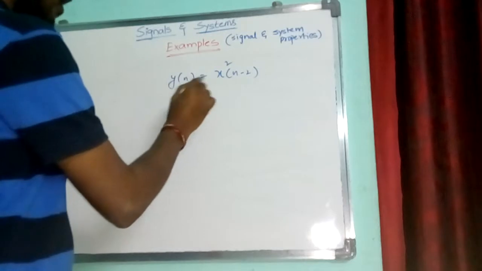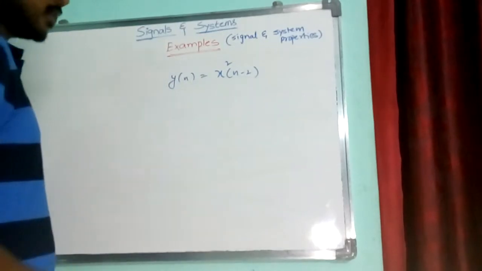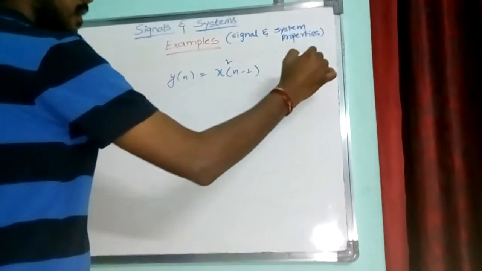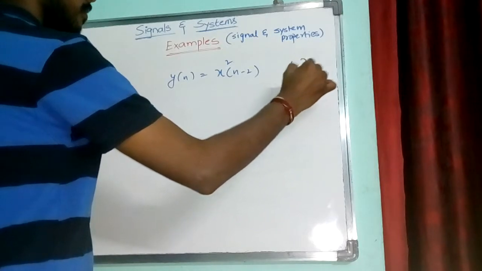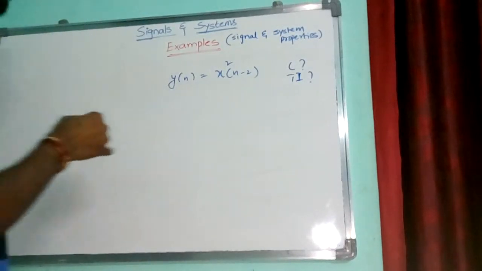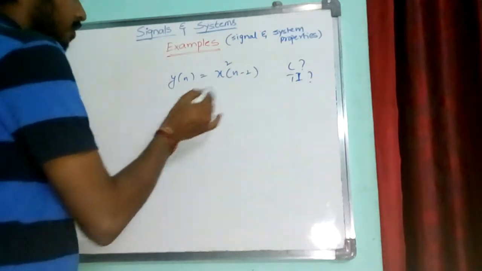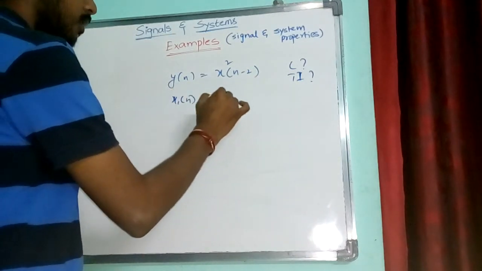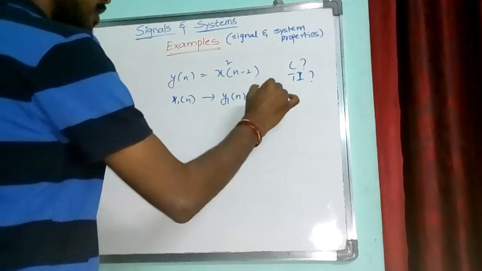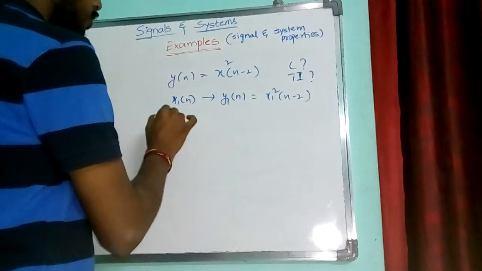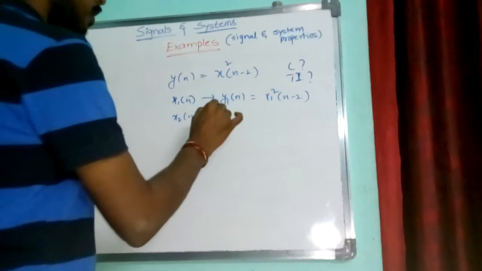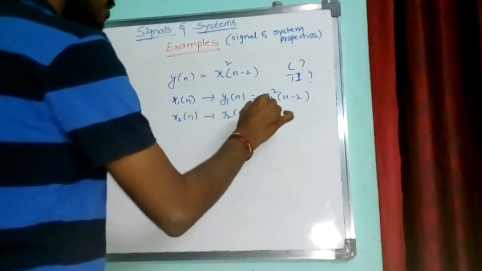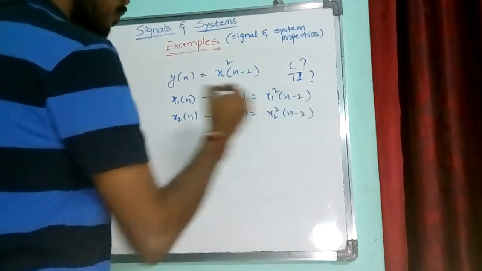So here y of n is x square of n minus 2 is given, asking linear or time invariant or not. Now it's simple. We'll go with the normal procedure. First, to check the linearity. If x1 of n is the input, y1 of n is the output, then it is x1 square of n minus 2. x2 of n is the input, y2 of n is the output, that is x2 square of n minus 2.